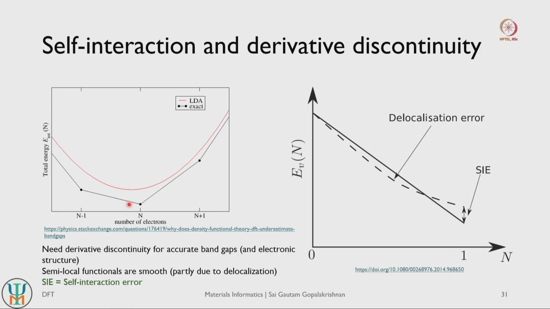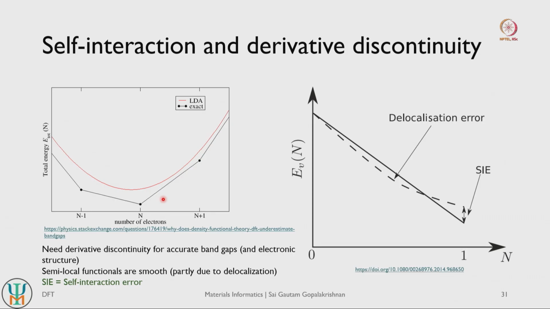So in normal materials, the fundamental gap is basically related to the energy difference between your ionization energy, or the energy required to remove an electron from a system, and the electron affinity, which is the energy gain that you get when you add an electron to the system.